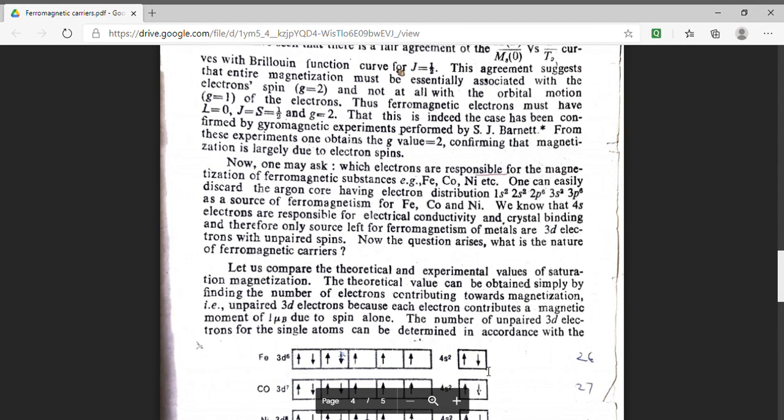The third important conclusion is for ferromagnetic carriers. Ferromagnetic carriers are the electrons which are obtained by the overlapping of the 3d and 4s shells, not simply by determining the number of unpaired electrons using Hund rule.